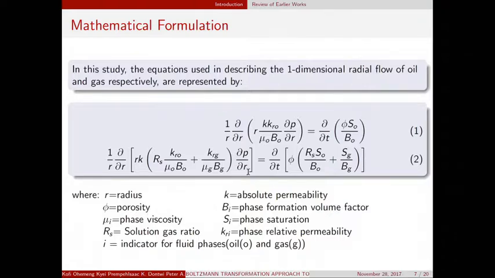So the mathematical formulation of the whole model was based on these two equations. The first one is modeling the flow of oil within the system. The second equation is modeling the flow of gas within the system. But here, I want to bring to your notice something really special.